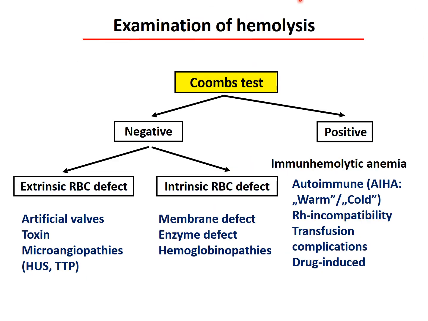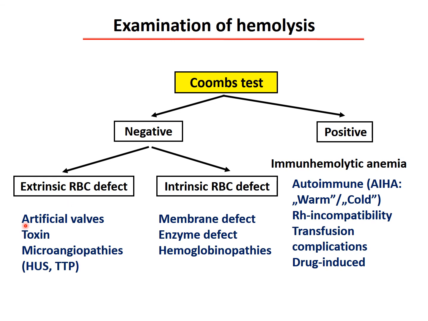Doesn't matter which one is positive, you can say that this could be the cause. Based on the Coombs test, you can evaluate the patient. If you have a negative Coombs test, it's not an autoimmune one, and the next step is to detect whether it's an extrinsic or an intrinsic problem. If it's extrinsic, you have fragmentocytes or altered shape.